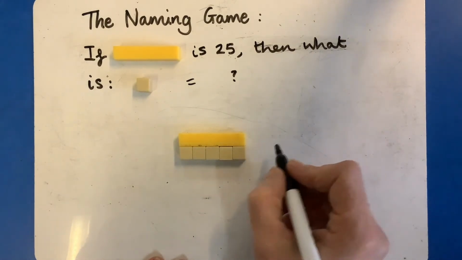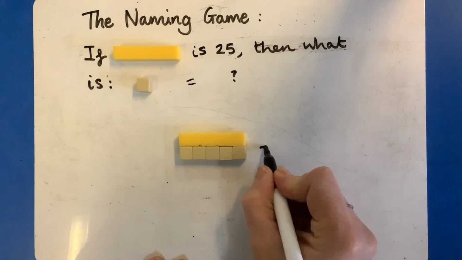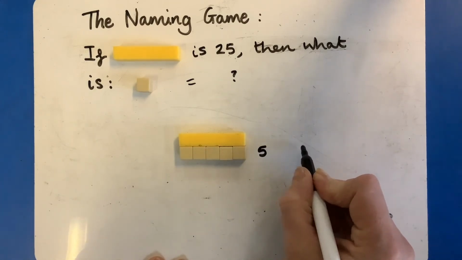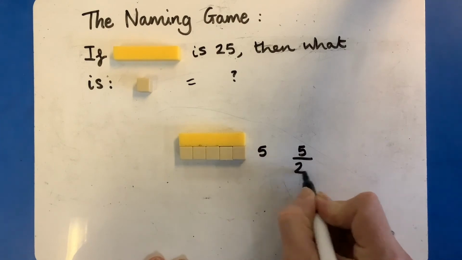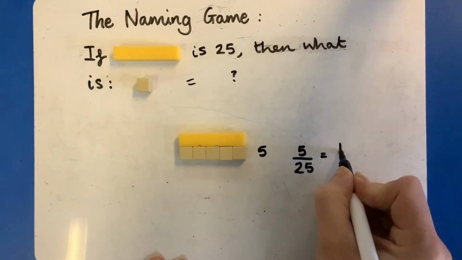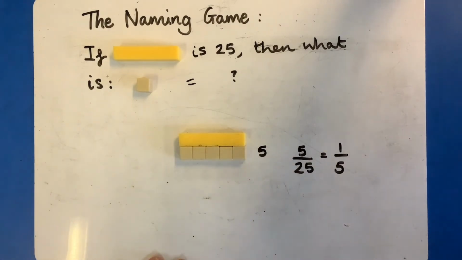Okay, so each one of these is worth 5. 5 25ths. It's the same as 1/5. I'm making links like Sid the Spider. I really need to use my times tables to work all of this out.